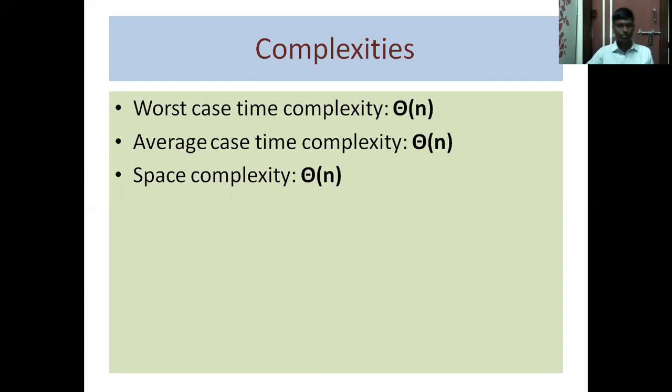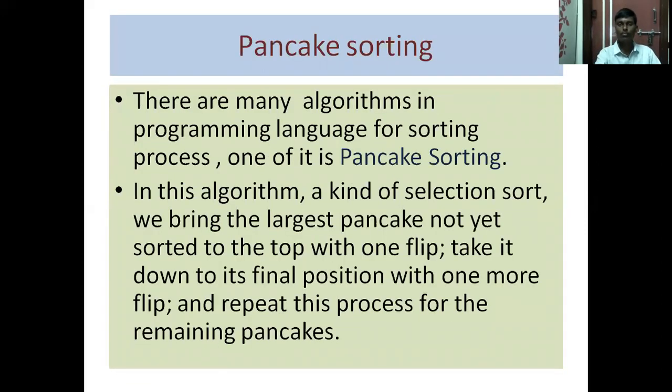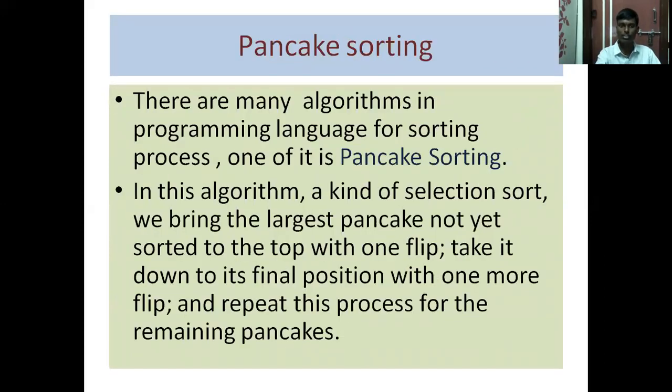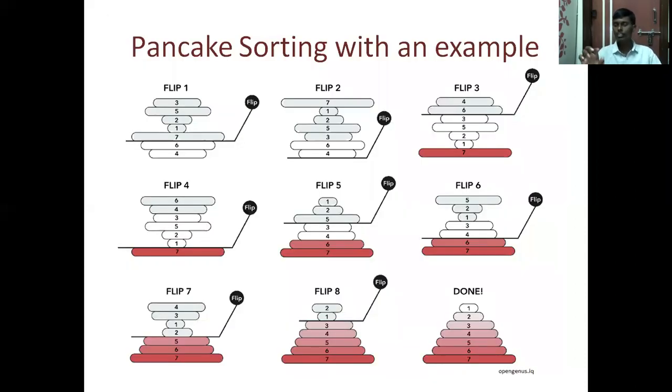And now I will recall all the techniques which have been said. This is the sorting process, the pancake sorting. Once again, I want to explain the algorithm. In this algorithm, a kind of selection sort, which I have mentioned before, we are excluding the elements which are already sorted, and we are doing the sorting process for the other elements which have to be sorted.